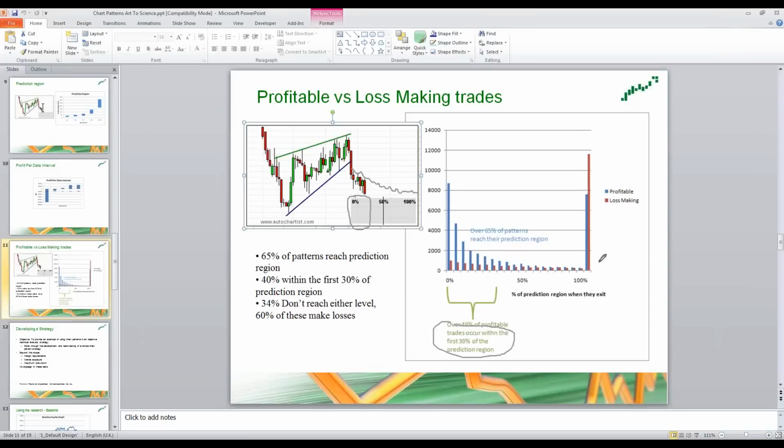Don't just wait for it, because what we're seeing over here is that if it goes the wrong way, it goes the wrong way in a big way, and it goes the other way very fast. So what you need to do is set quite an aggressive stop-loss strategy when trading chart patterns.